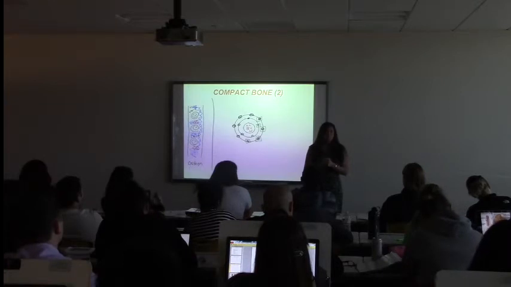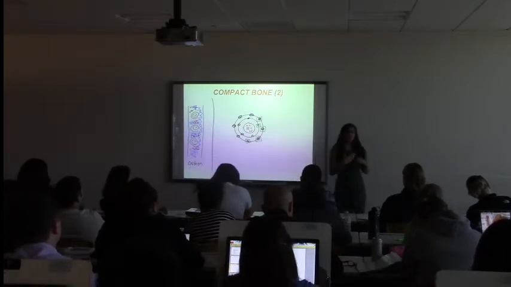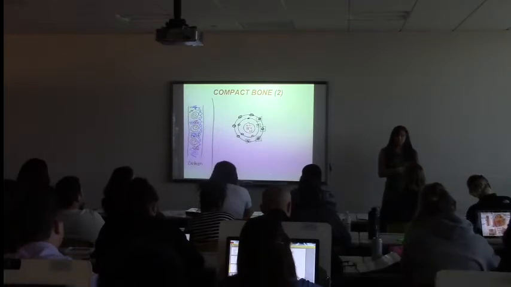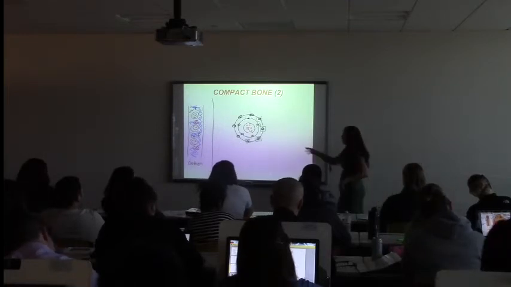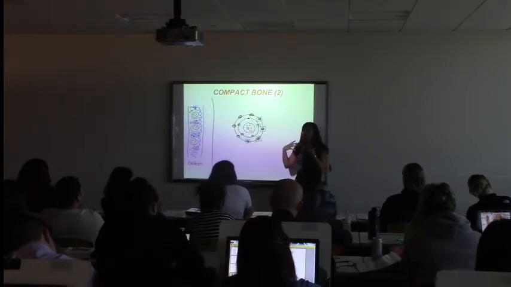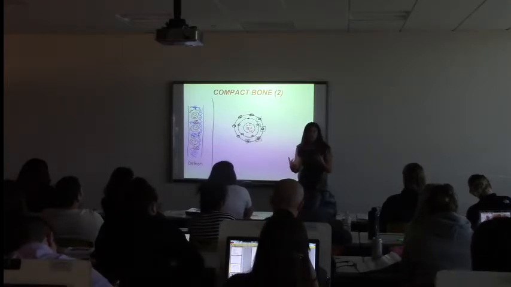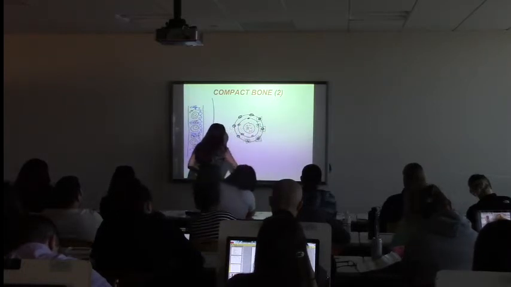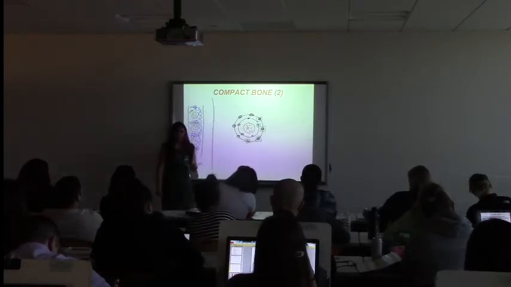So what cell junction allows exchange of material between two cells? Gap junction. So each osteocyte is connected to each other via gap junctions. But gap junctions are actually found in a specialized structure called canaliculi, or canals.